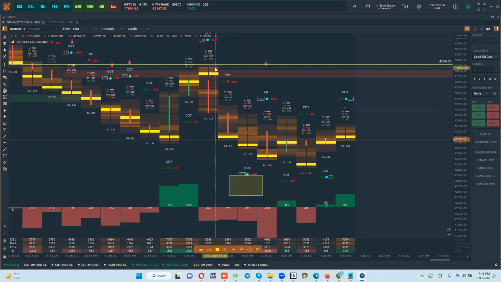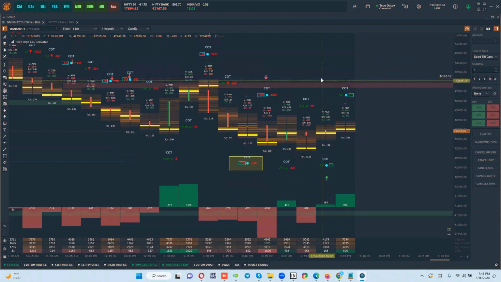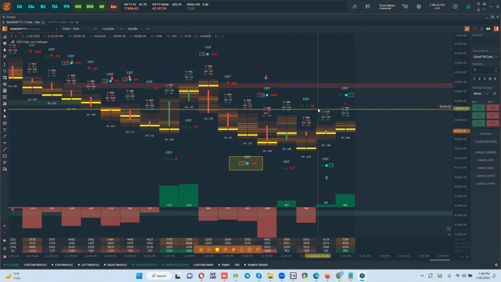So the intensity of a possible reversal and strong upside because of short covering can be tracked through this. If you see a lot of trapped sellers and the market breaks certain levels, there is a possibility of short covering happening very quickly, and the move could be quite sharp as well.